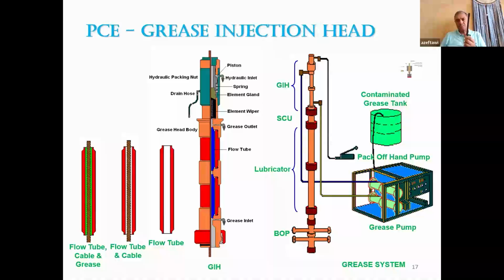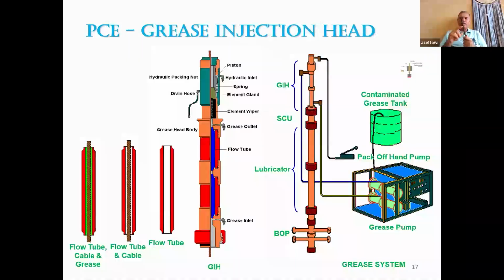So this braided line, E-line, while pulling out of the hole, has a lot of grease. This element wiper is in contact with the wire while pulling out, and it cleans the wire. And the grease that it cleans goes through this drain hose here to be thrown out because it is contaminated grease already.